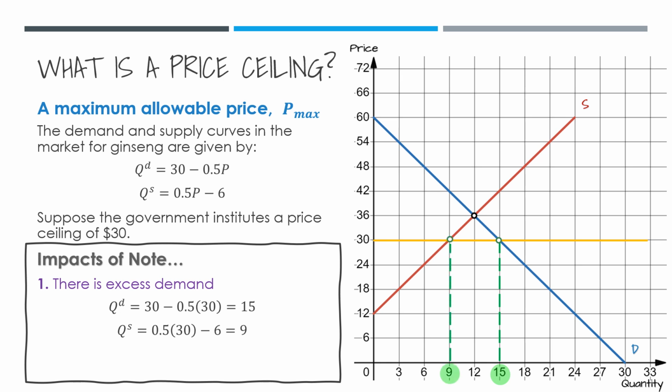So notice that from the math to the graph, these two values, 15 units demanded and 9 units supplied, come from the points where the price ceiling line intersects the demand curve and the supply curve. Now that we know how many units are demanded and supplied, we can easily find the size of the excess demand in this market. Excess demand is the difference between the number of units demanded and the number of units supplied, which is 6 in this case.